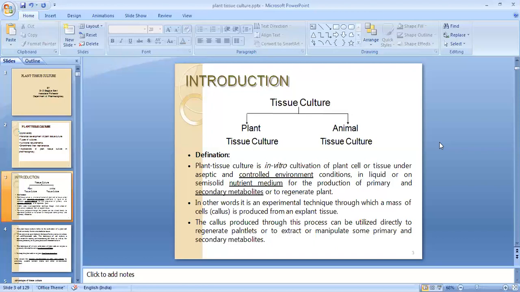The change in the production of primary and secondary metabolites, in another way, is called biotransformation.